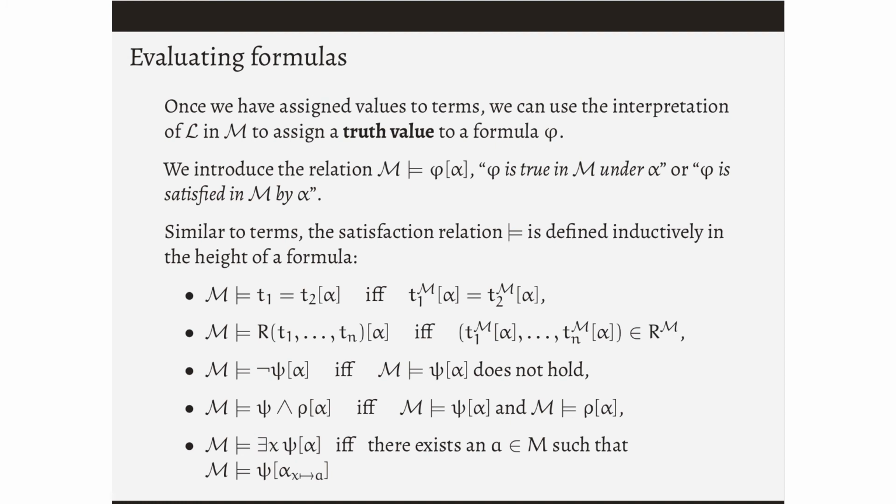So formally, that means we can find an a in M such that if in our assignment we now evaluate x to a, then that formula under this assignment becomes true in M. This is just a formal way of expressing the intuitively clear idea that an existential formula is satisfied in a structure if and only if you can find a witness for that existential quantifier.